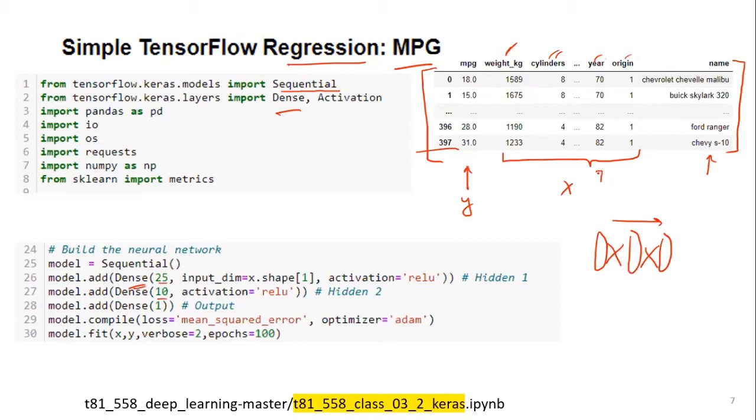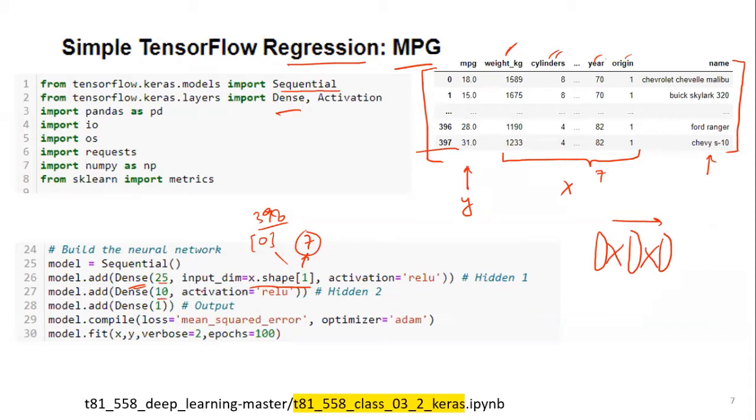So X.shape[1] was basically 7. X.shape[0] would be how many? That would be the number of rows in the X matrix. X.shape[1] would be the number of columns and shape[0] would be the number of rows. So the number of rows would be how many? 398. And the number of columns, the attributes, was about 7.